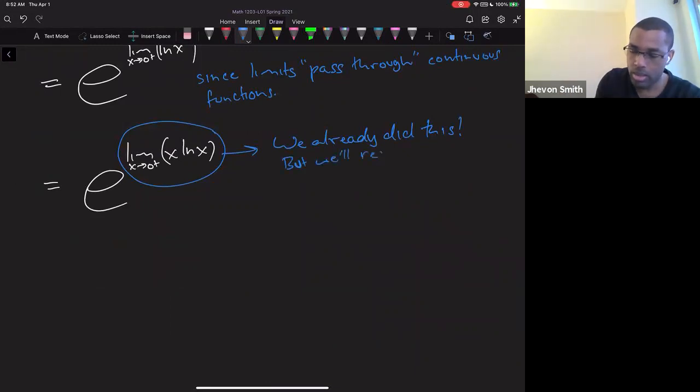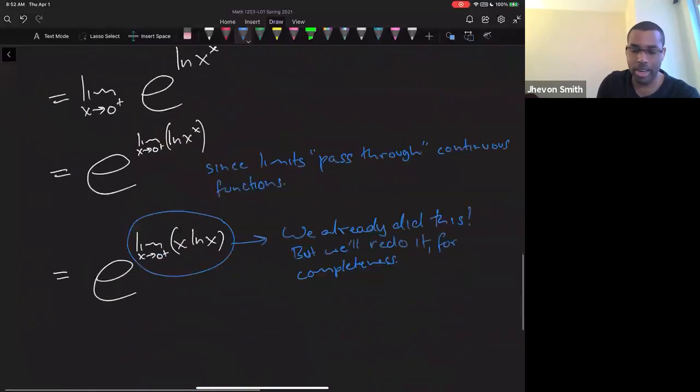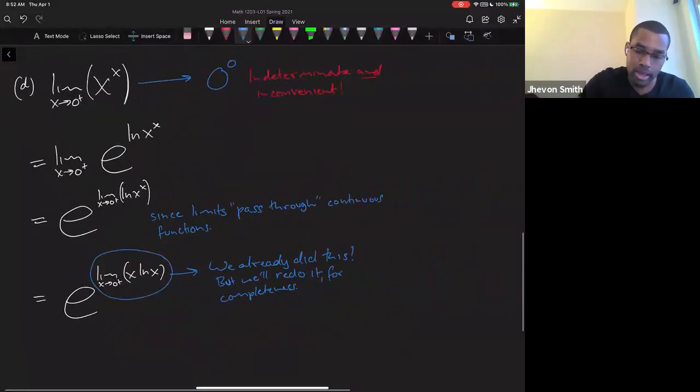We'll redo it for science, okay, for completeness. Let's pretend that we didn't do this before and this was the original problem. I would rewrite it like this, which, by the way, this whole thing here is just simplifying.